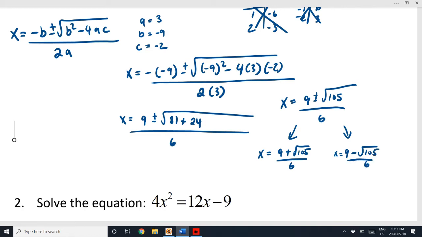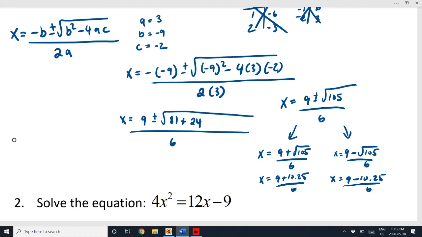Okay, let's find out what the square root of 105 is. So get your calculators out. The square root of 105 is 10.25. So we're going to get x is equal to 9 plus 10.25 divided by 6, or 9 minus 10.25 divided by 6.